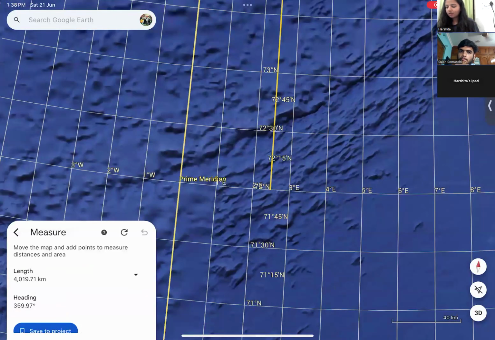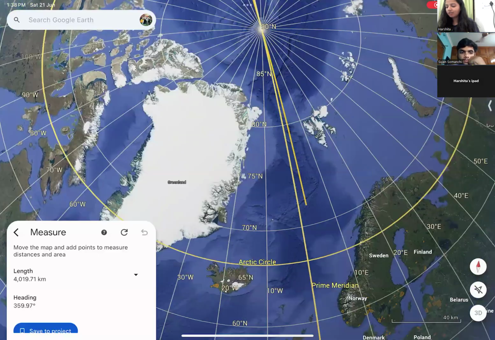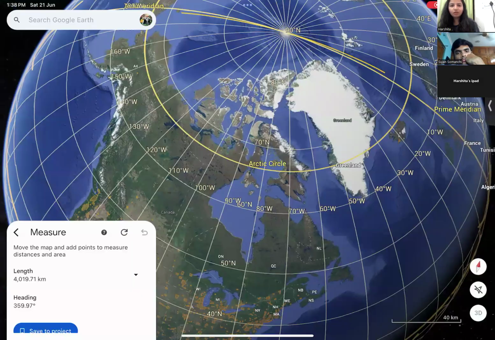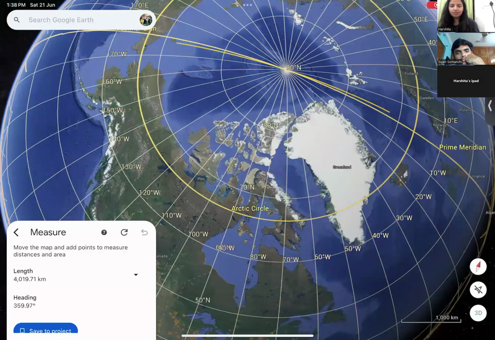You see, the Earth itself is saying that if you want to travel, the shortest way possible is over the pole, right? You are not going to move 180 degrees like this on the Earth. You'll have to travel over the pole. Now tell me the shortest distance first. What will be the shortest distance possible?